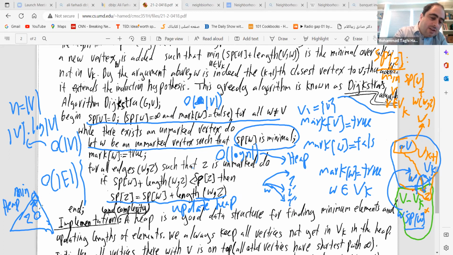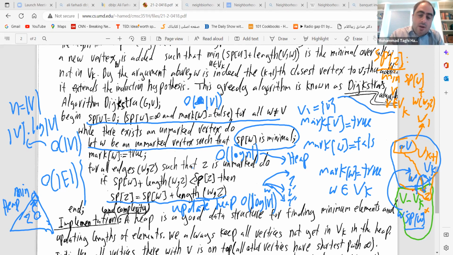So Z may go a little bit higher in the heap, and that's exactly similar to insert. So this update would be order log n as well, because the size of this heap would be at most the size of V.